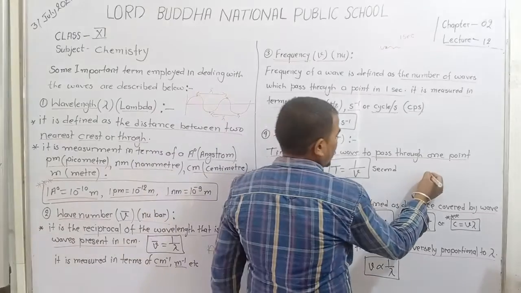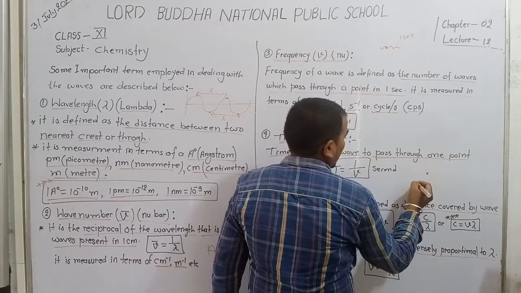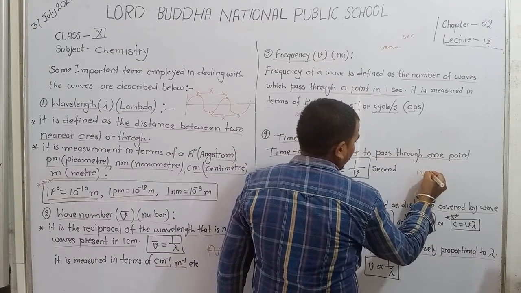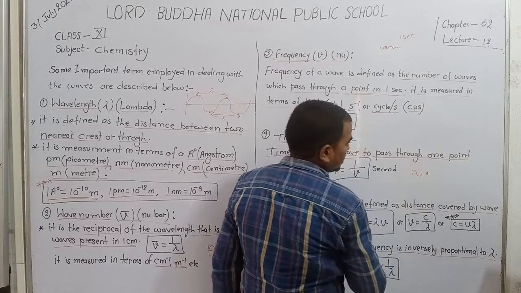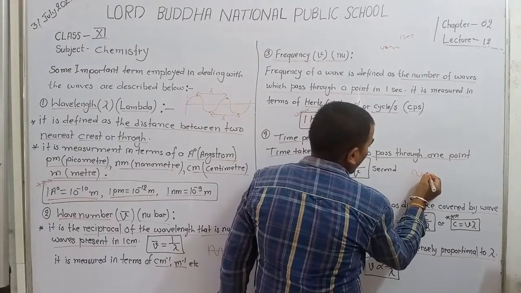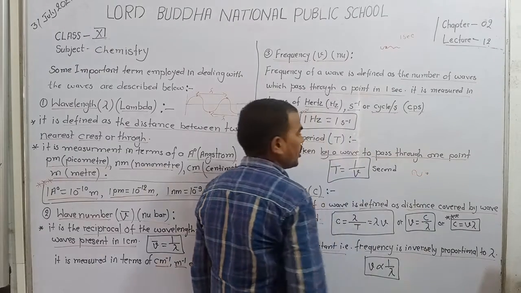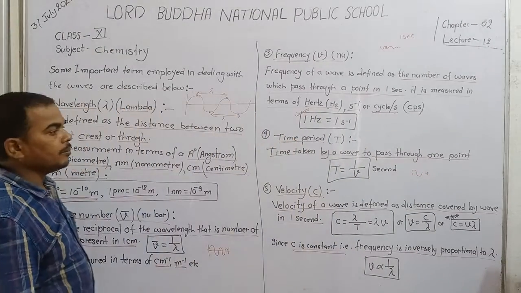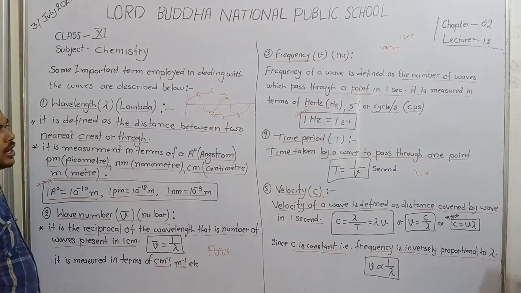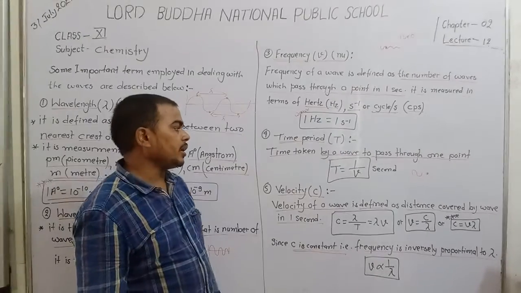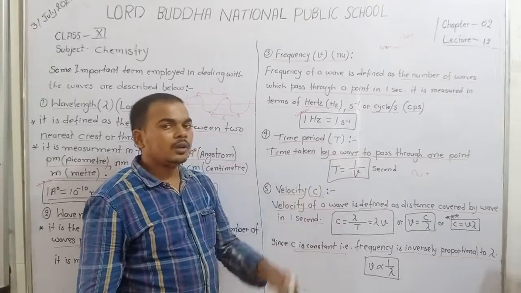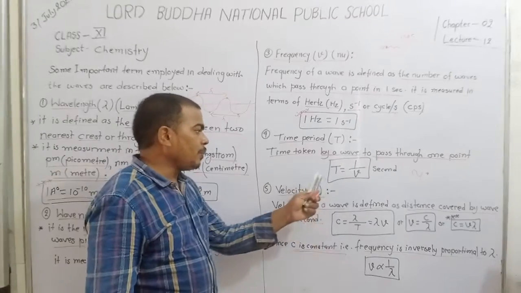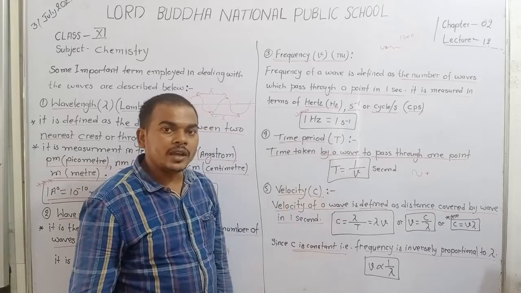Suppose this is the point and this is a complete wave; how much time it takes to pass this point is known as time period. For the calculation of time period, the formula is T equal to 1 upon nu. Time period is calculated in seconds.